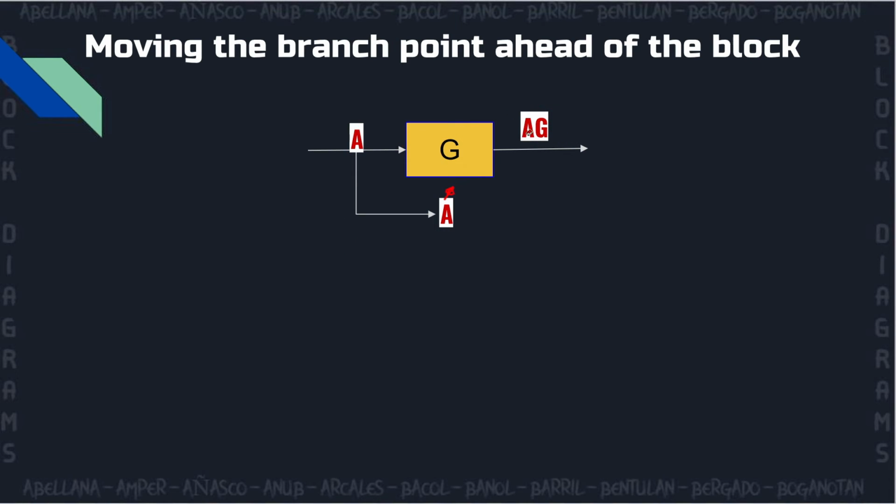Now you want to move the branch point from this side to this side, so this will be your new branching point. So this is what you have to do.